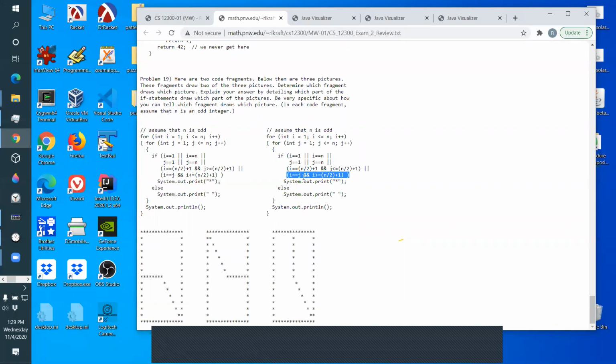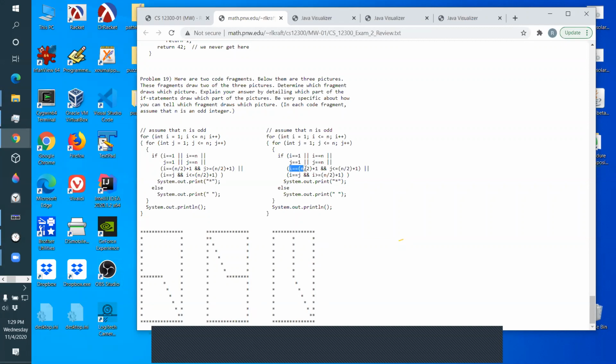Okay, so now this is going to be the one that's going to tell us who it is. Okay, now, so this is going to tell us which one of these it is. Okay, this says, okay, I is the row number.